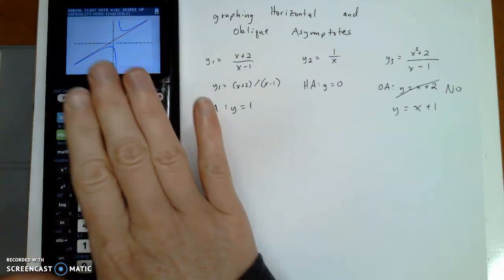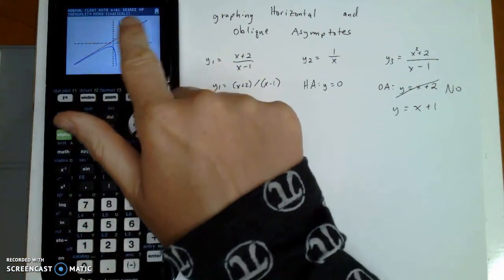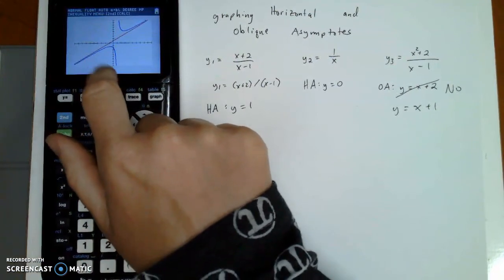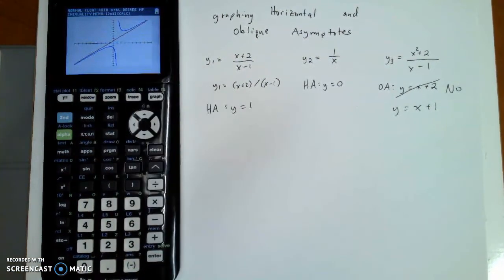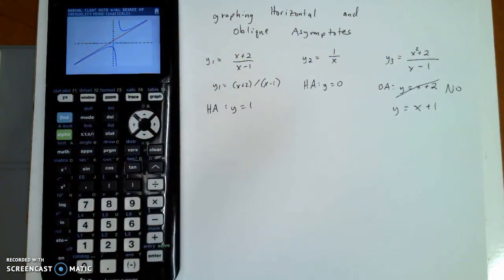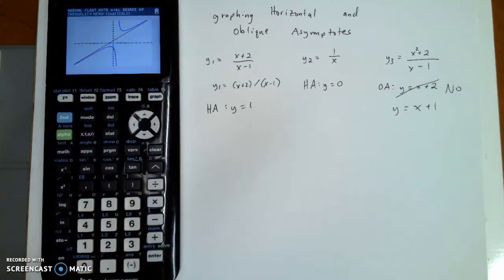One note of caution, particularly for these obliques, is sometimes if they're large, you might not be able to see both pieces. You might be able to really just see either the left or the right hand piece, or see the asymptote in relation. So you might have to adjust your window, particularly with these that have the obliques, because they are a little bit harder to see.